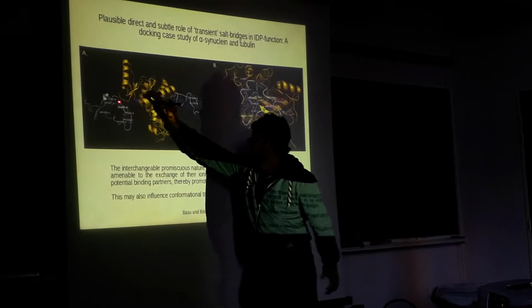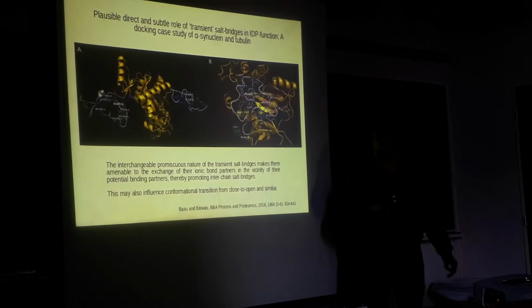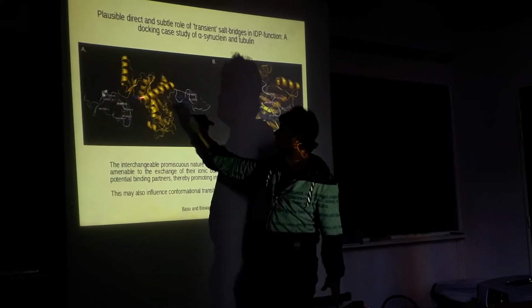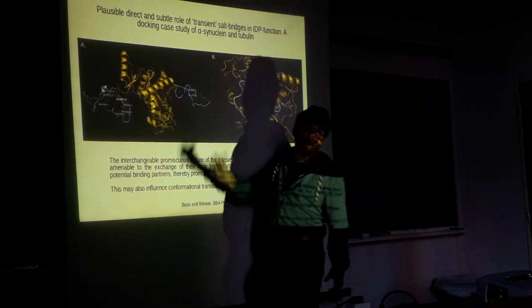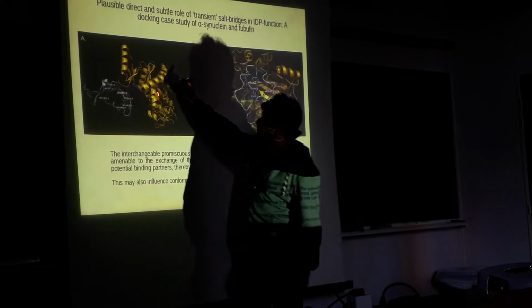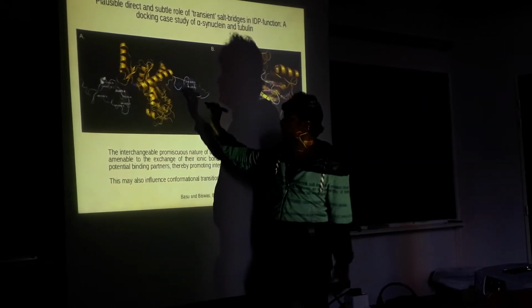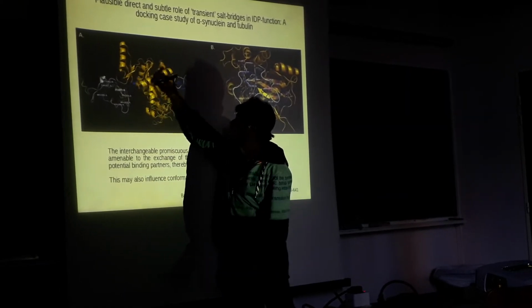So this is alpha-synuclein, which is the candidate protein for Parkinson's disease, and it has 3 domains: the N-terminal, the C-terminal, and a middle purple domain, which is devoid of any charged residues. A very well-known binding partner is tubulin, which is a globular protein, an alpha plus beta protein.